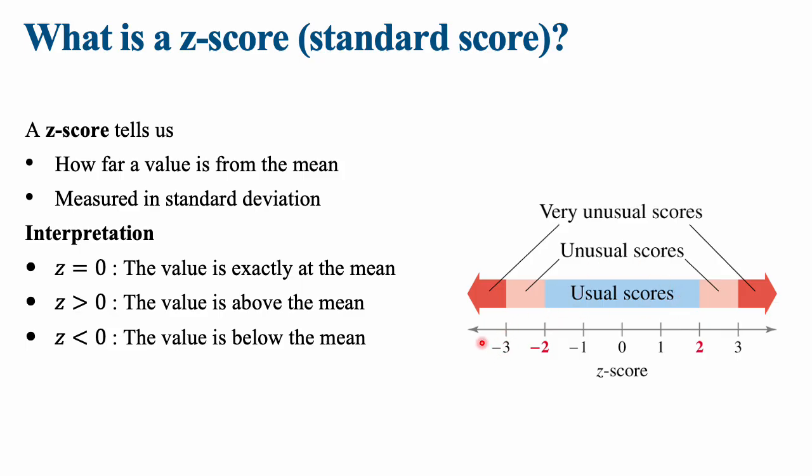If Z is between negative 3 and negative 2, or 2 and 3, we say unusual score. Less than negative 3 or greater than 3, we say very unusual score. Then how do we calculate the score with the mean and standard deviation? We'll do that on the next slide.